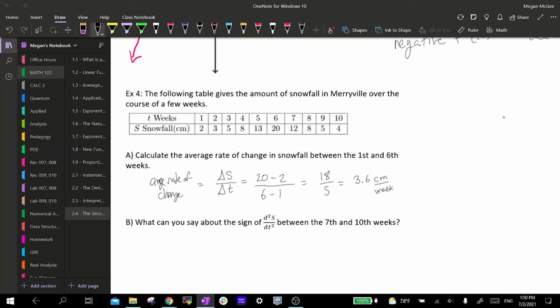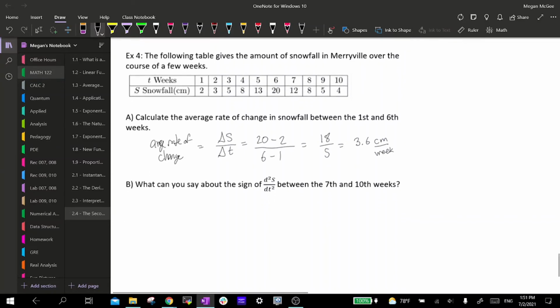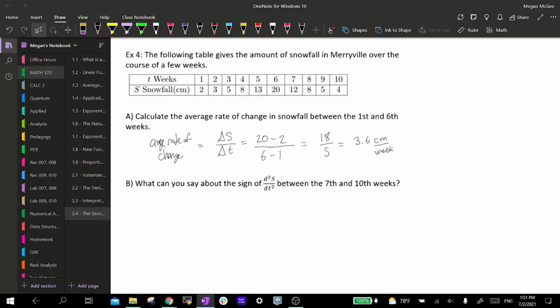So this is our average rate of change, saying that the amount of snowfall is increasing about 3.5 centimeters per week. Alright, and then part B asks, what can you say about the sign of the second derivative between the 7th and 10th weeks? Alright, so the second derivative is the rate of change of the first derivative.